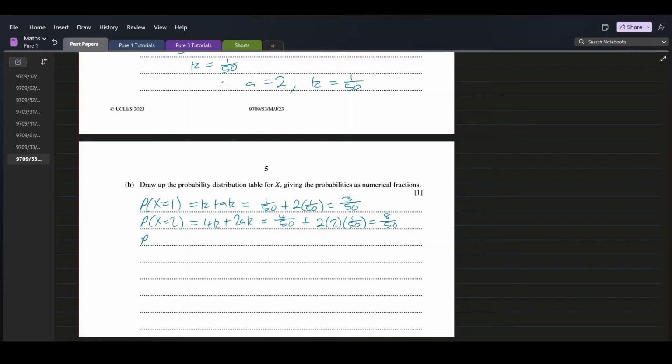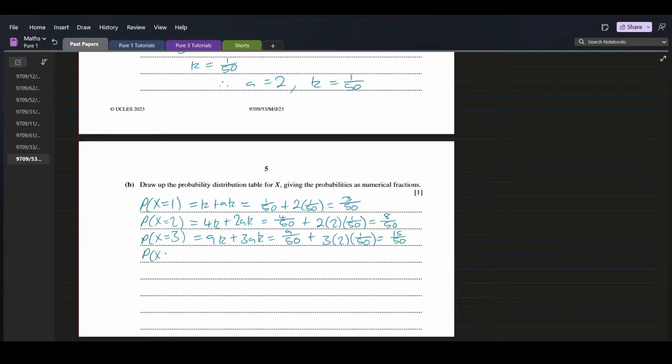And now the probability that x is equal to 3. So that's 9k plus 3ak. And so that's 9 over 50 plus 3 times 2 times 1 over 50. So that's 9 plus 6, which is 15 over 50.